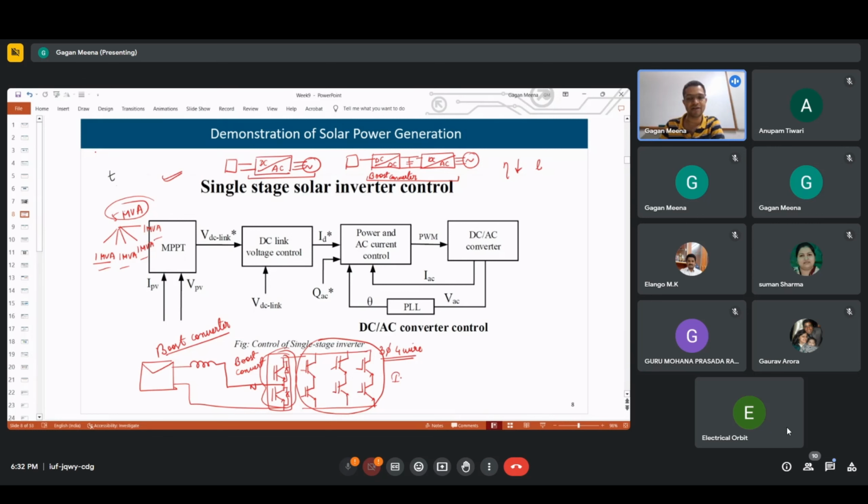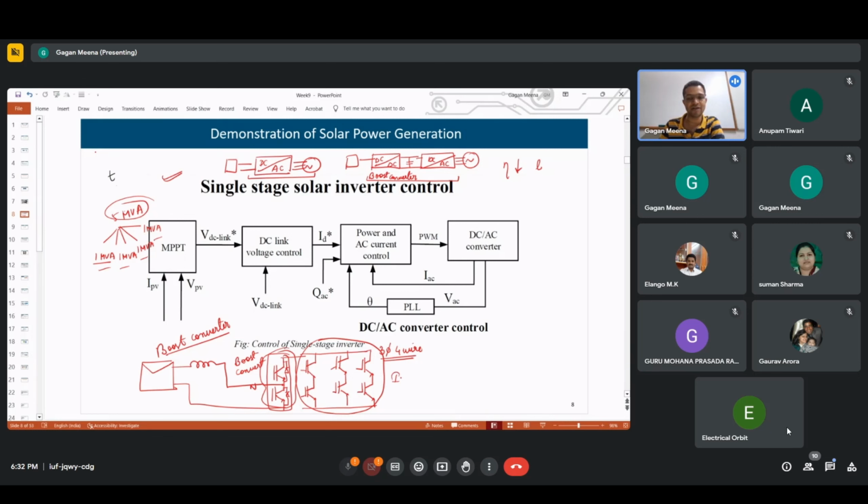A, yes, correct. A is correct, to discharge the stored energy in the capacitor when inverter is not in operation. So next, this also we discussed. What is the purpose of snubber circuit which is connected in parallel with each IGBT module? High dV/dt. Yes, against high dV/dt, correct.